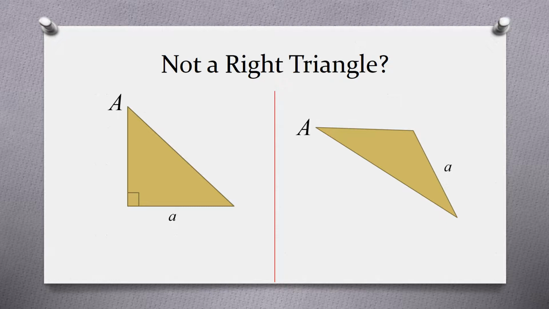So notice how on the left I've labeled angle A opposite side A. And so that can hold true for my right triangle as well as my triangle that is not a right triangle.